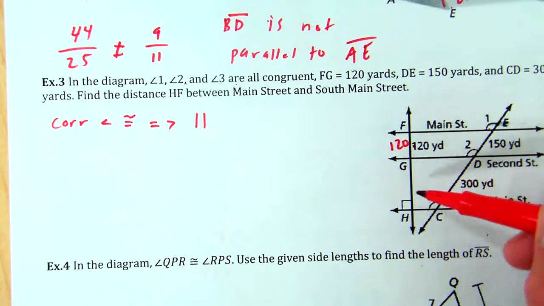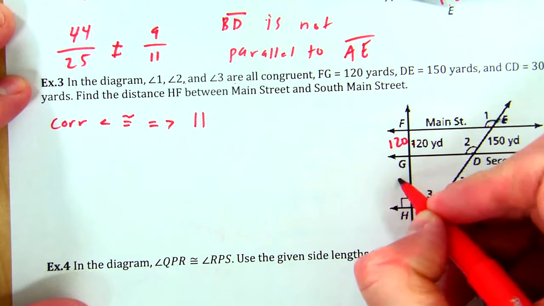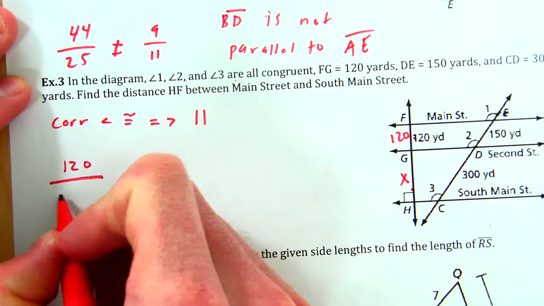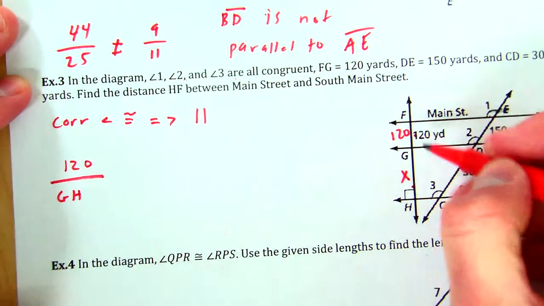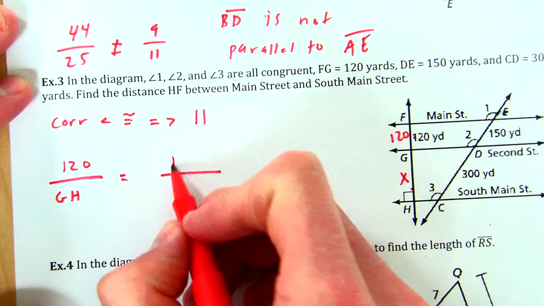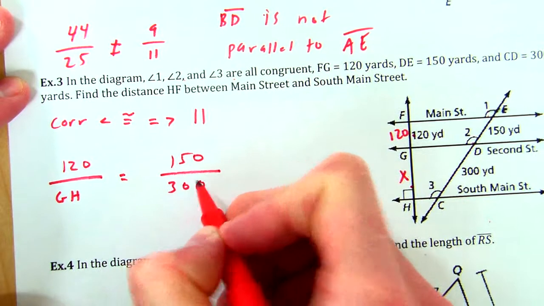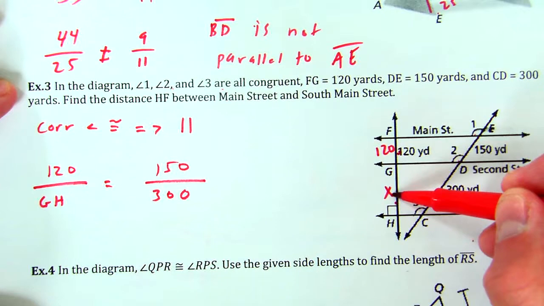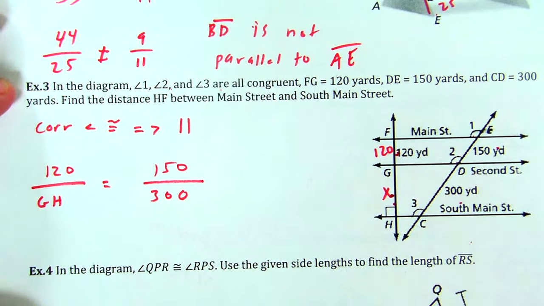Where this side over this side, I'll label GH as X. Okay, or actually I'll write GH to show you this time. 120 over GH will be proportional to 150 over 300. This side over this side will be equal to this side over this side.